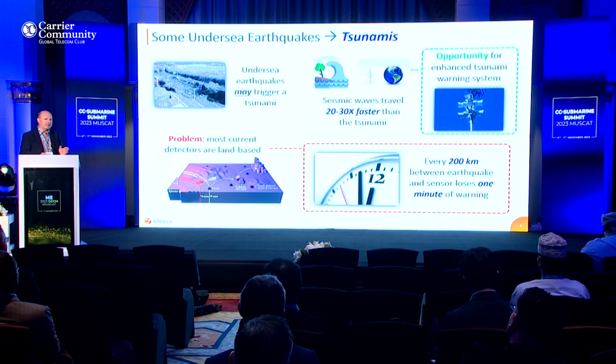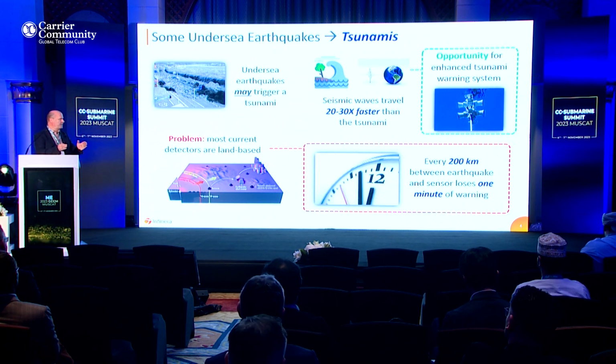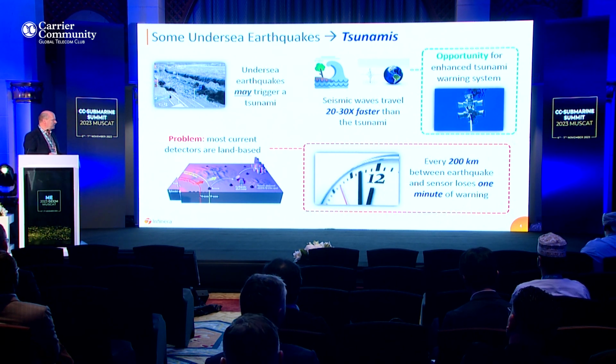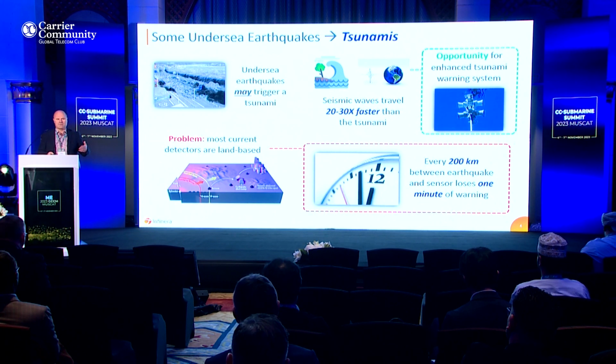So on average, for every 200 kilometers of distance between the earthquake and where the sensor is located, we lose 1 minute of warning.